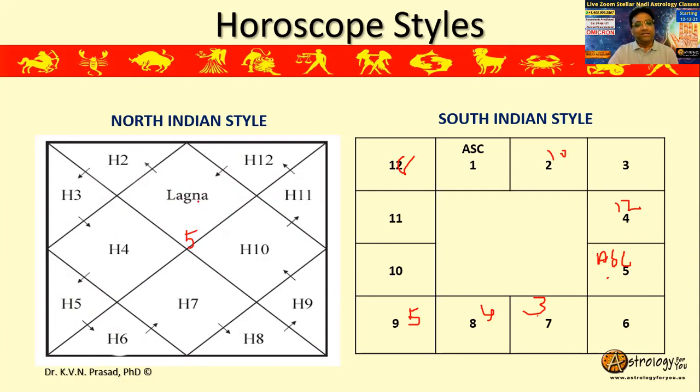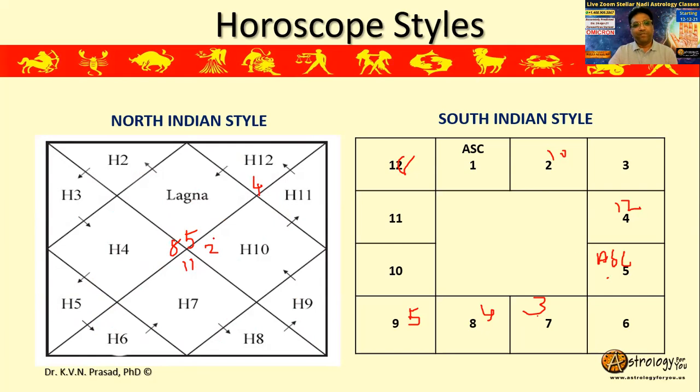And the count is anti-clockwise. This is first house, second house, third house, 4, 5, 6, like that. So if it is Leo lagna, 5, 6, 7, 8, 9, 10, 11, 12, 1, 2, then 3, 4.